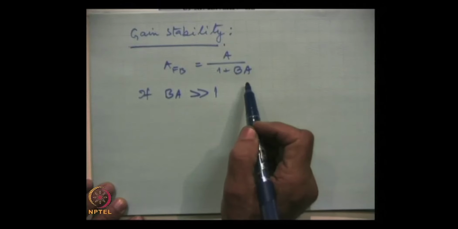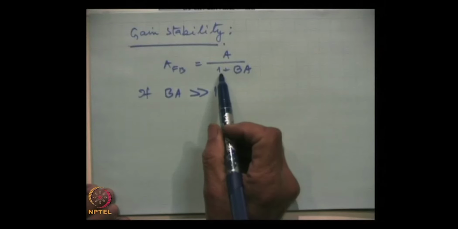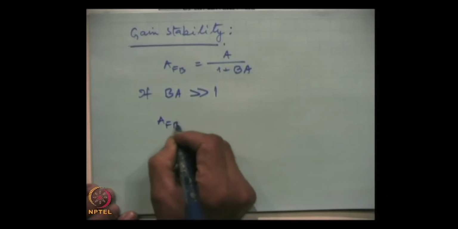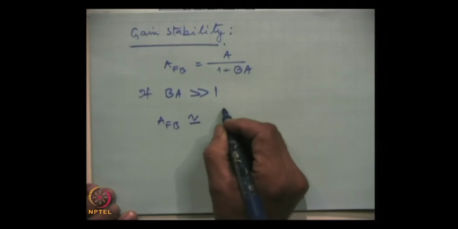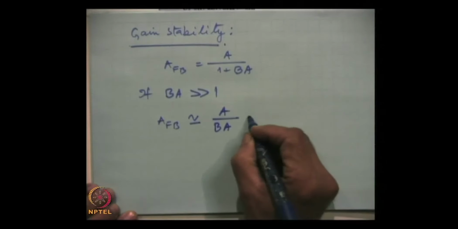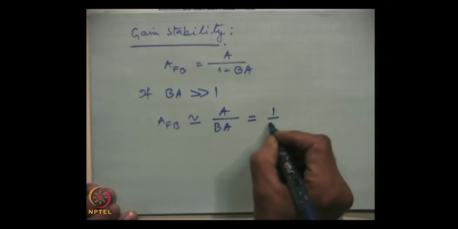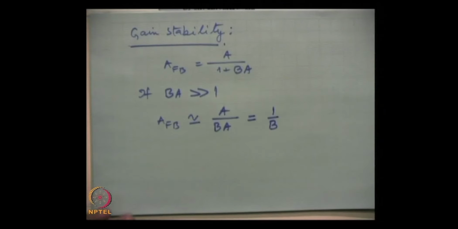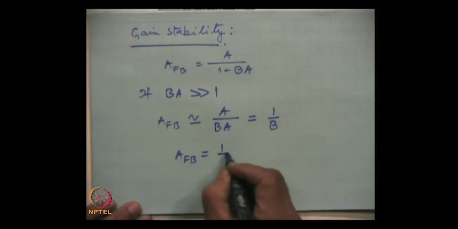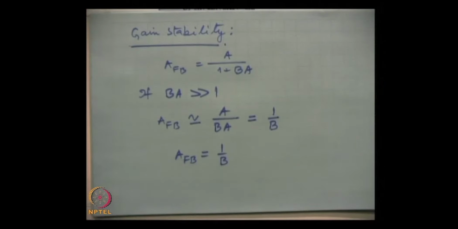We will solve certain examples and we will see what we mean when we say very high. So, if this is the condition, then we can drop 1 in comparison to B A, and AFB becomes equal to A by B A, or this will be equal to 1 by B. That means AFB is equal to 1 by B.